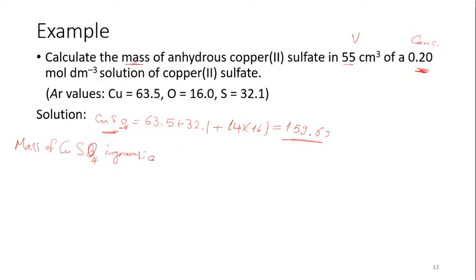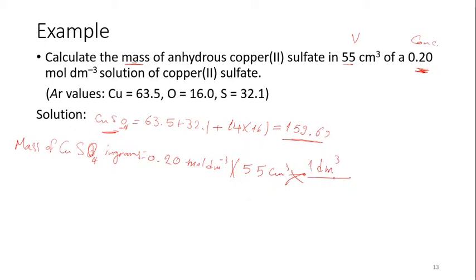So I will start by writing down my concentration. I have to write down the units, so if I end up with the right unit with a conversion, this means my calculation is correct. Now I write down my cubic centimeter, knowing that I need to convert it to cubic decimeter.